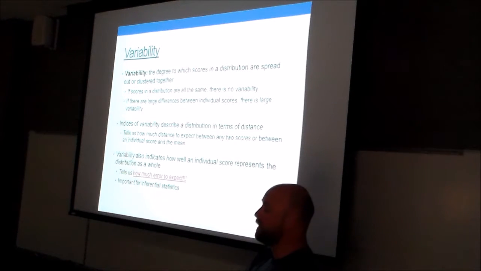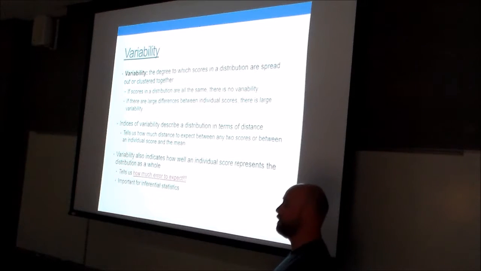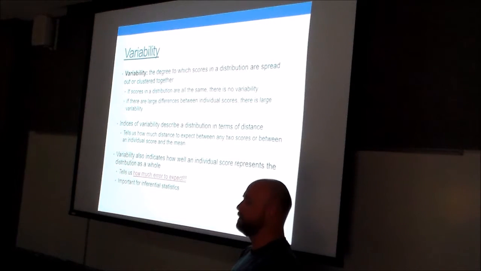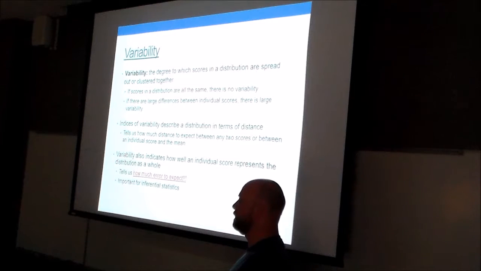Because this variability metric on each one of these bins is telling me how much error to expect, right? In general, if I have to guess what the value is of the score that I'm going to pull out of this bin, what's my best guess? Probably, if we're thinking in terms of central tendency, if you have to guess the value without knowing anything else, what's your best guess?